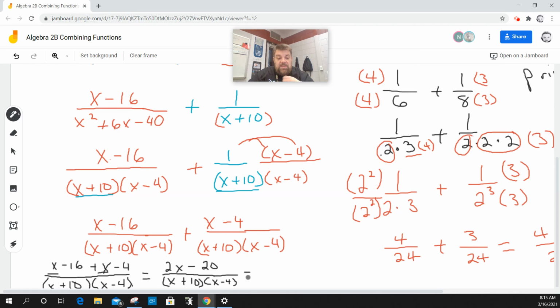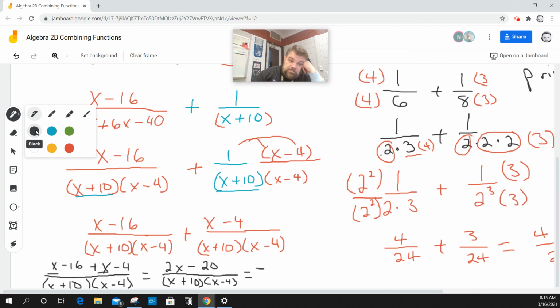But as I'm looking at this, I notice that I could factor out a 2. I could factor out some stuff, but I'll just leave it like this.